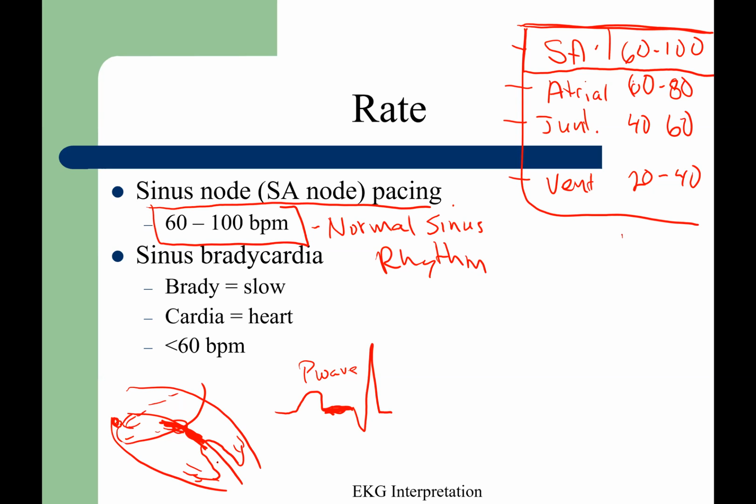And when that happens, we get contraction, where blood will move out of the ventricles and either towards the lungs or out to the body, because we get ventricular contraction at this point. So we will see a QRS complex. And then finally, we'll see our T wave, which is the repolarization of those ventricles.